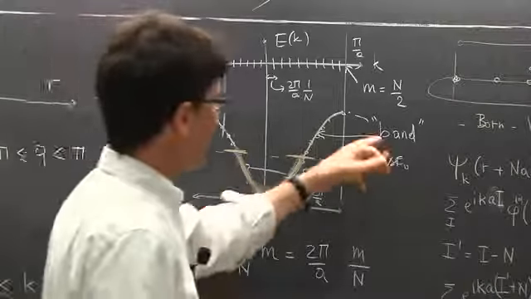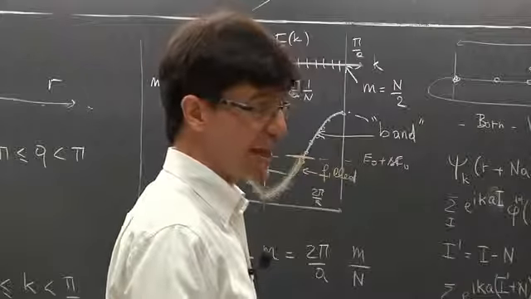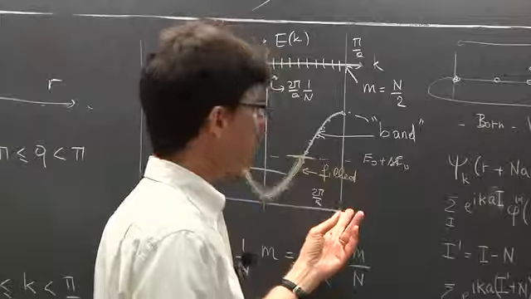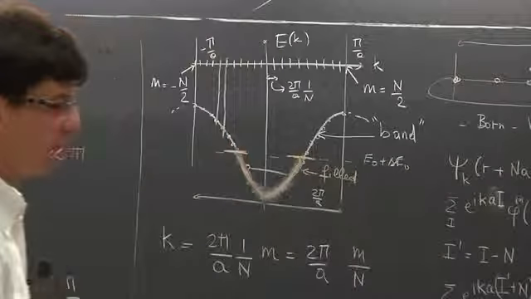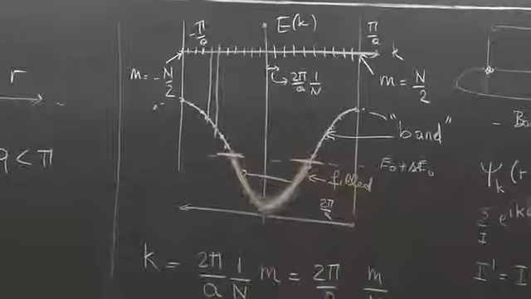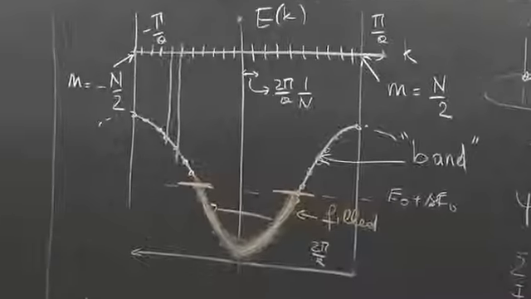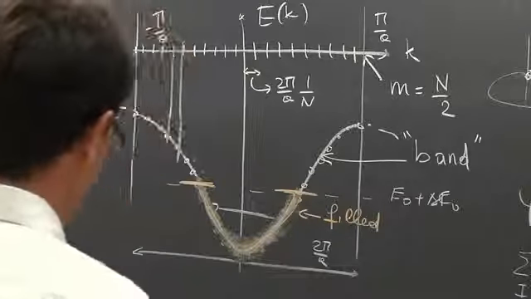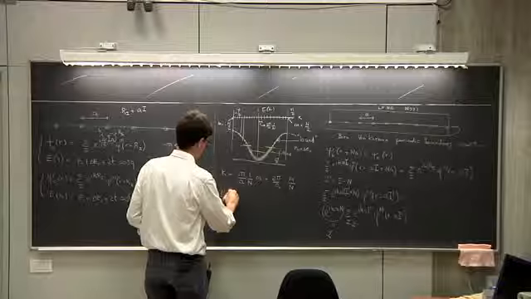A band can contain a number of electrons which is up to 2 electrons per atom or per cell if we are dealing with a complex system. So I'm now going to make a statement which is more general than the one we derived, but let me make it now and we'll come back to that.